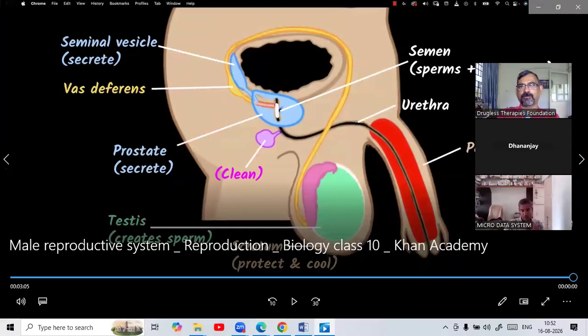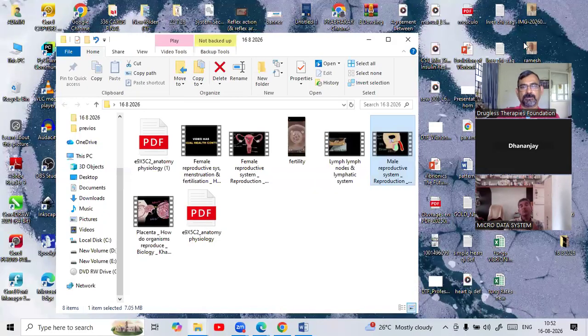So what we learned from this is how to protect and how to make healthy sperm. That's why we say that banana increases the sperm quantity.